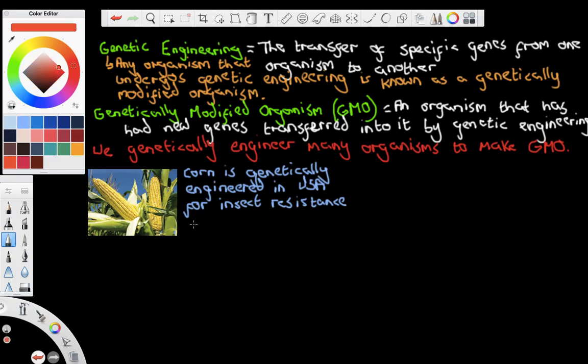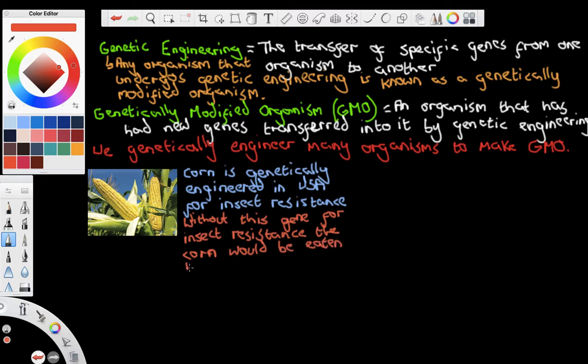So we can put underneath here, without this gene for insect resistance, the corn would be eaten. If they didn't have this insect resistance, lots of insects would eat the corn before the farmers ever get to sell it.